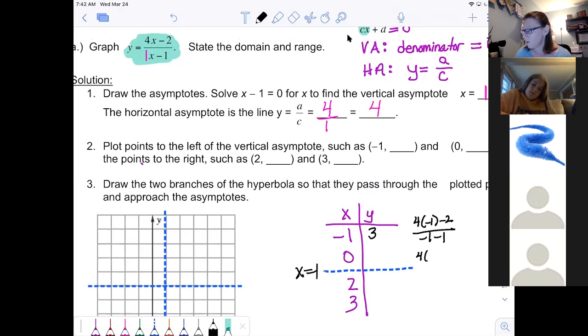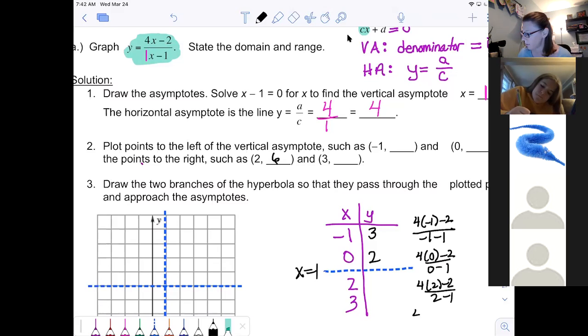The more you use your mental math, the quicker it will become for you, instead of always relying on that calculator. So on the top, I have a -2. The bottom is a -1. That gives me a +2. So now I have 6 over 1, which is 6.